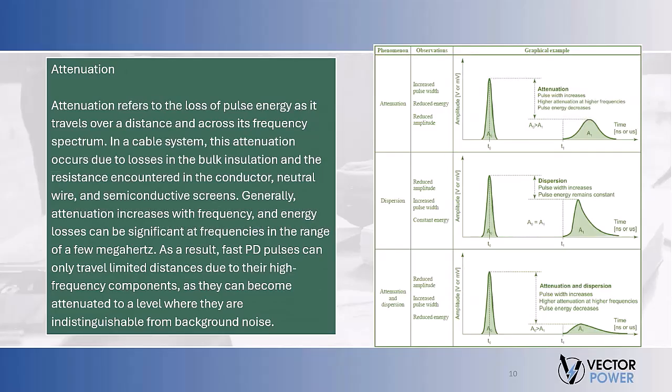Generally, attenuation increases with frequency, and energy losses can be significant at frequencies in the range of a few megahertz. As a result, fast PD pulses can only travel limited distances due to their high frequency components, as they become attenuated to a level where they are indistinguishable from the background noise.